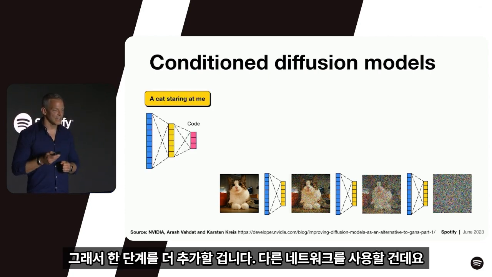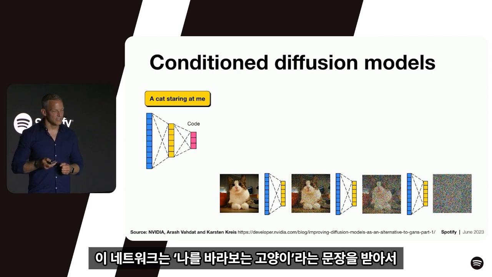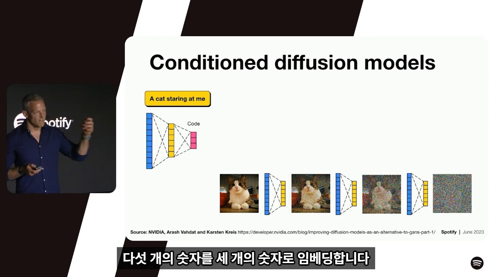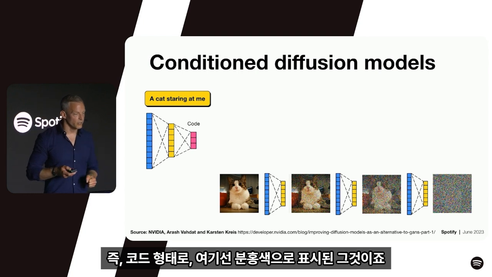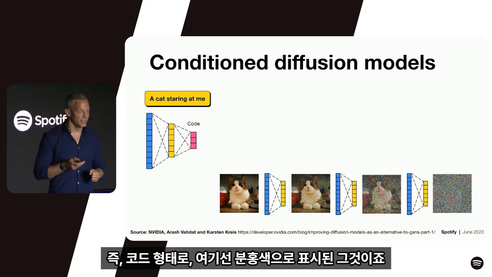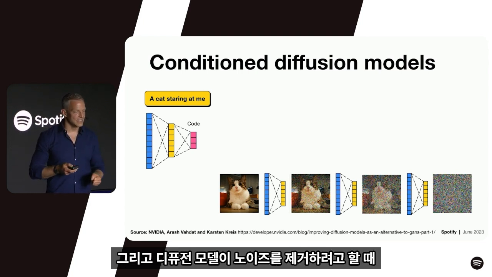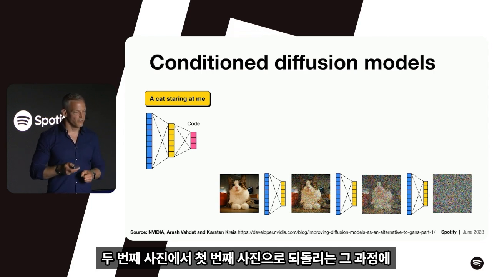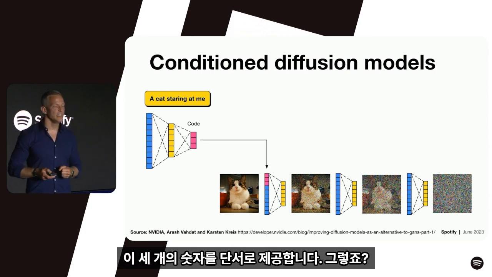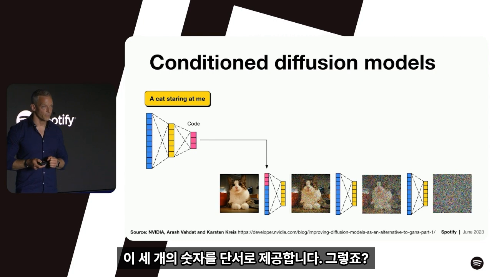We're going to take this other network we had that takes the sentence, a cat staring at me, embeds it from these 5 numbers into these 3 numbers, the code, the pink thing. And as this diffusion model is trying to remove the noise between the second and the first picture, we're going to give it these 3 numbers as a clue, right?